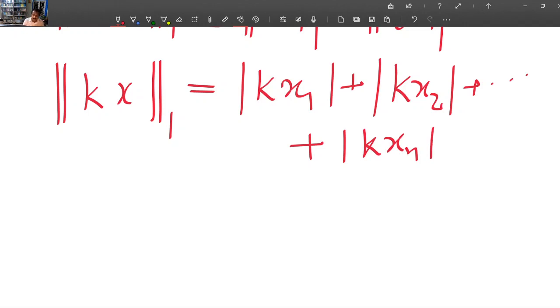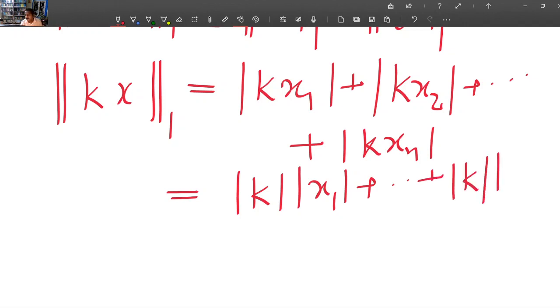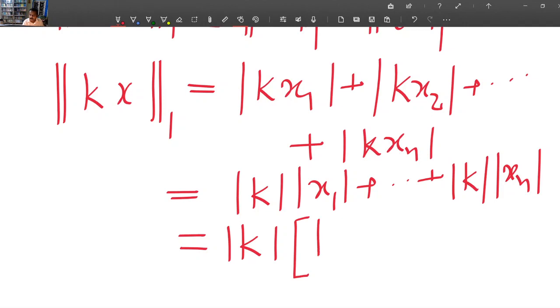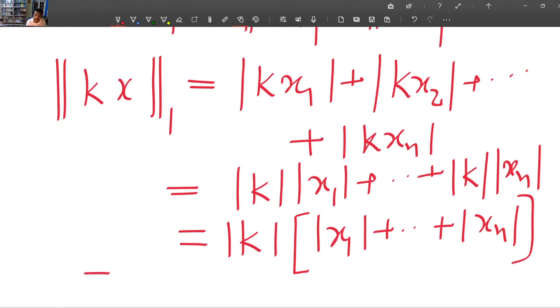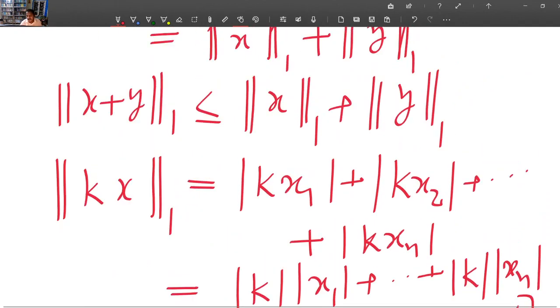This is equal to modulus of k times modulus of x1 plus etc. plus modulus of k times modulus of xn, and you can take modulus of k outside, times modulus of x1 plus etc. plus modulus of xn, and that is equal to modulus of k times 1 norm of x. So all these three conditions are satisfied.